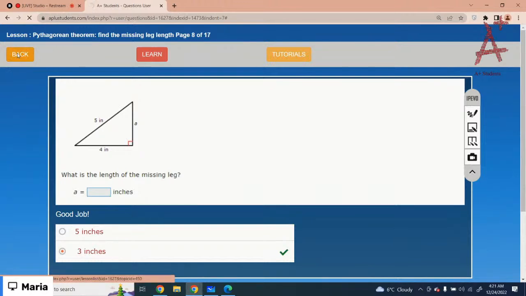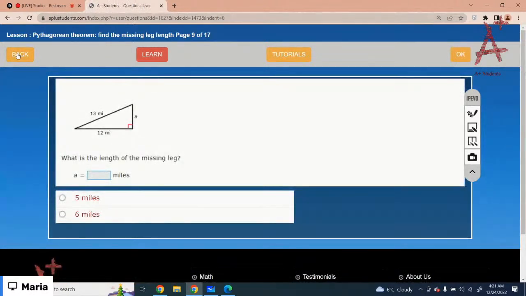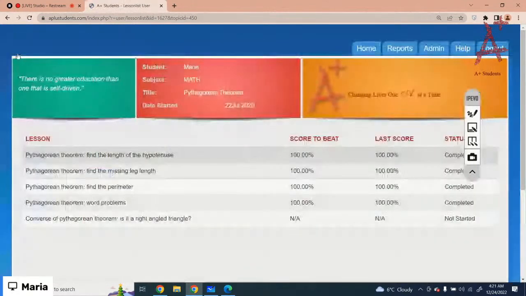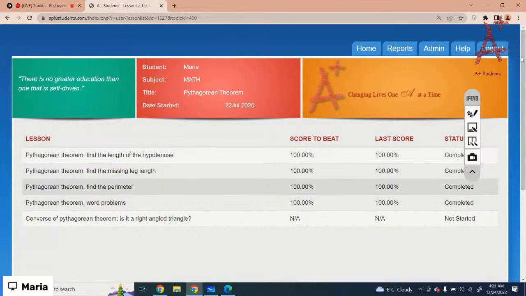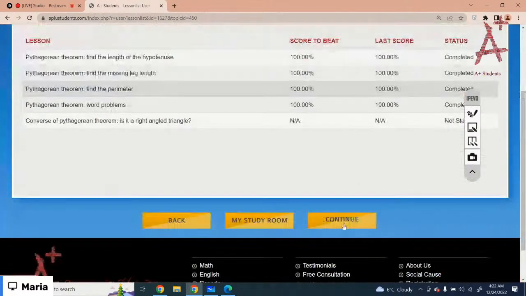Let me just move on to the next lesson. Got it? The next lesson is Pythagorean theorem, find the perimeter. Let me just start with the next lesson.